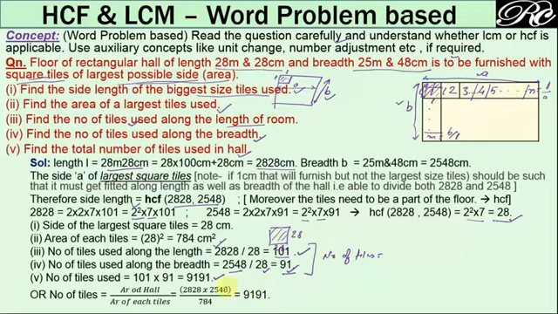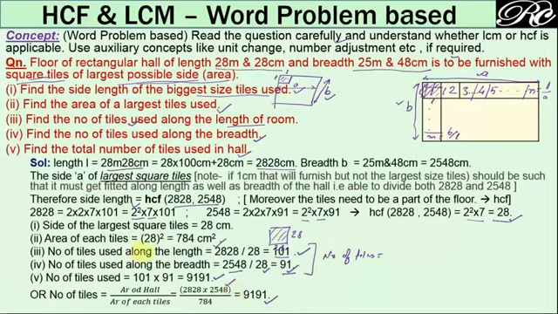For the area of hall, again we take the length and width of the hall, and the area of each tile we have calculated earlier, it is a square. Substituting, we are again getting 9190. This is how to calculate the number of tiles required.